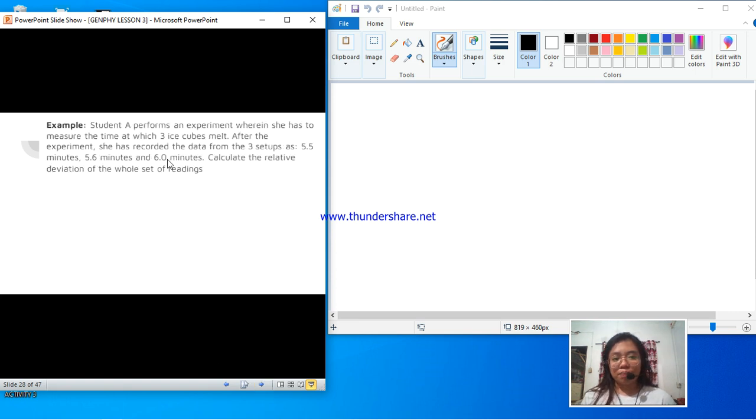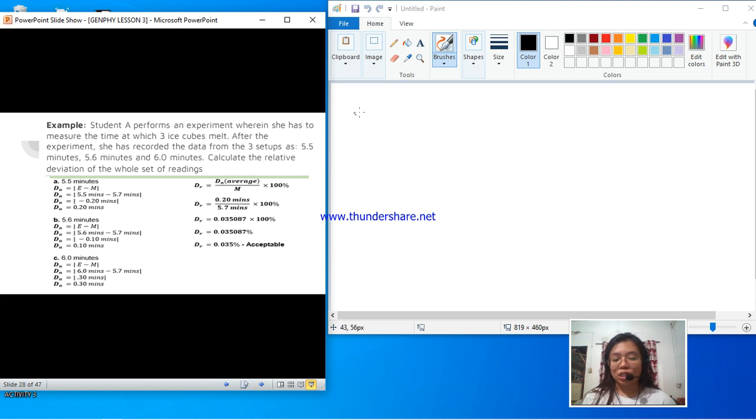So, here's an example. We have 3 setups here. The measurements are 5.5, 5.6, and 6.0 minutes. Those are our experimental values. First, the 5.5 minutes. How did we get the 5.7 minutes?